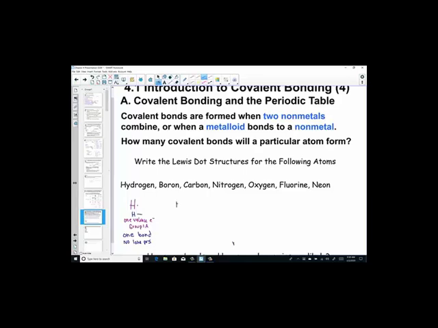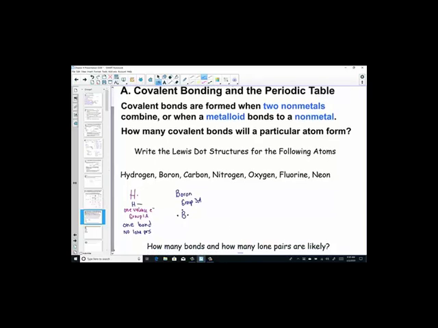Let's move over one and go to boron, the next nonmetal. Boron we'd call a metalloid. Boron lives in group 3A, and when I write its elemental symbol, we're going to see boron with 3 dots. With its 3 dots, how many bonds and lone pairs are likely?